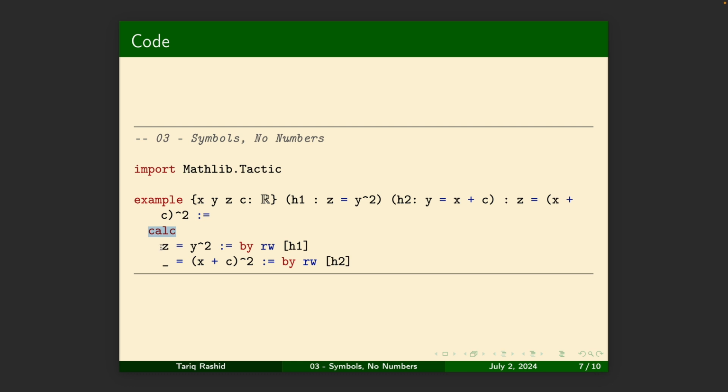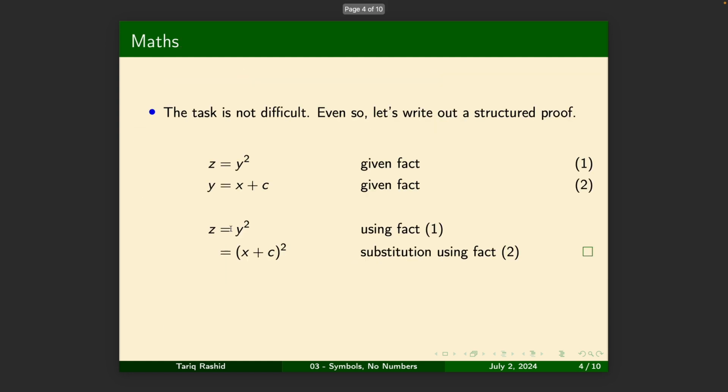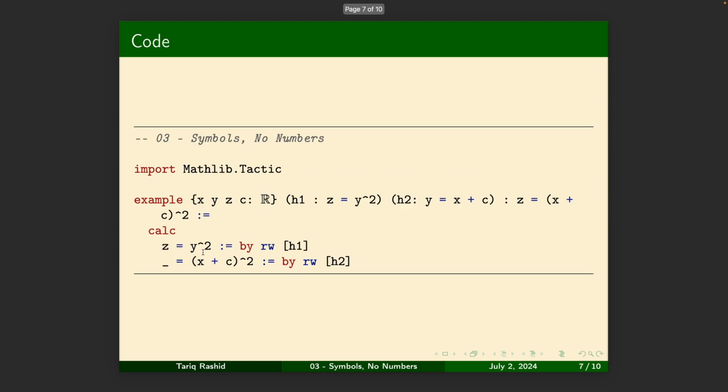So we start our first line of the proof with the thing we want to prove something about, which is z. So we start off with z, and z equals, well, what does z equal? Just like our maths proof, which we can go back to, we said z equals y squared using fact 1, and that's pretty much what we've done here. z equals y squared, by the rewrite tactic using the first hypothesis.